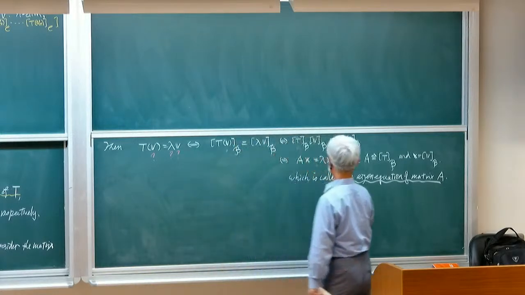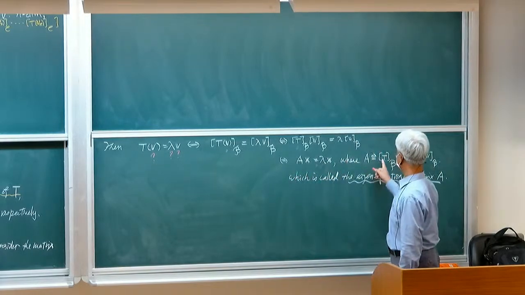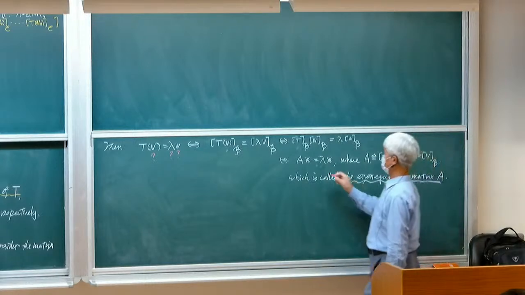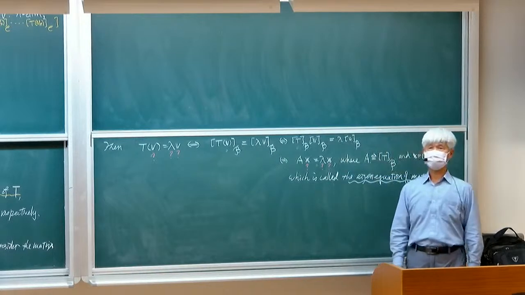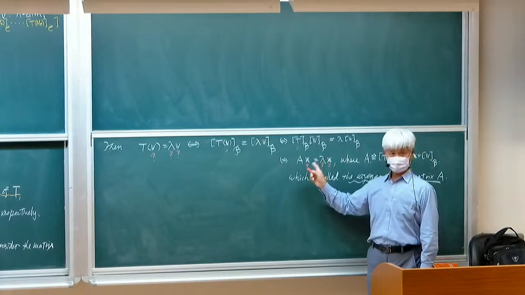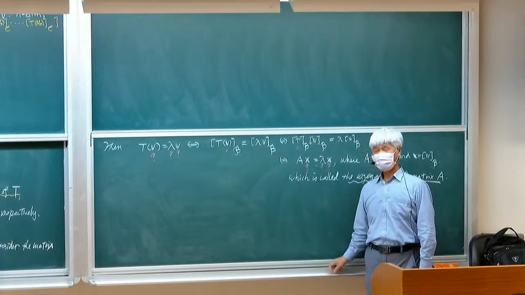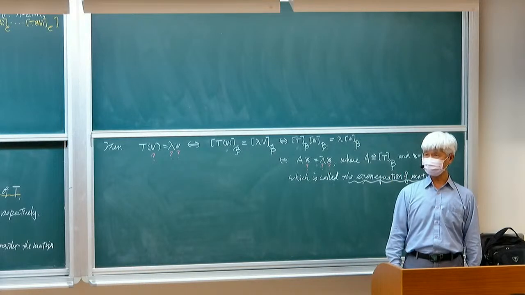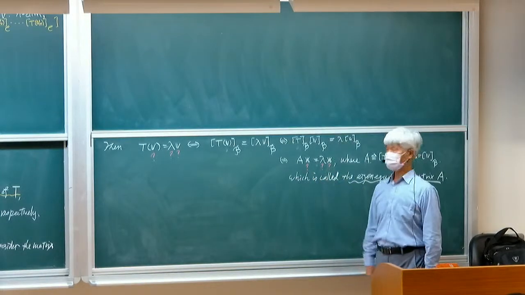Now, for this eigen equation of the matrix representation A of T relative to basis B, this is unknown, this is unknown. But now we have a matrix equation, and we have a lot of tools at hand up to now to deal with such a matrix. Even though there are a lot of unknowns here, only A is known.